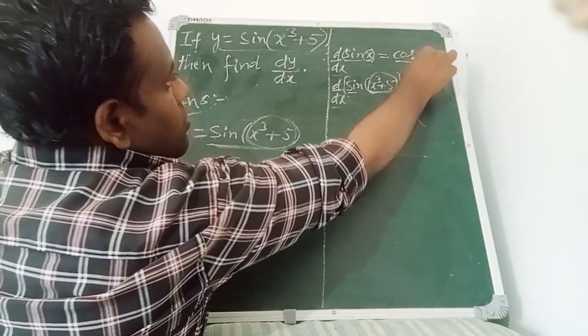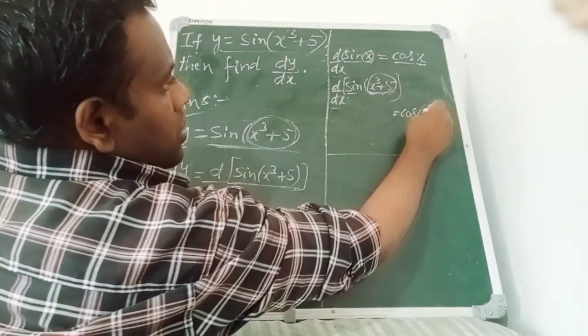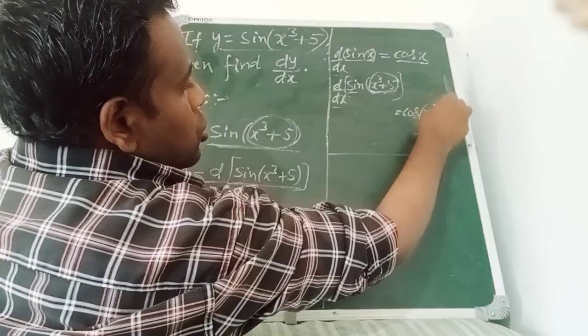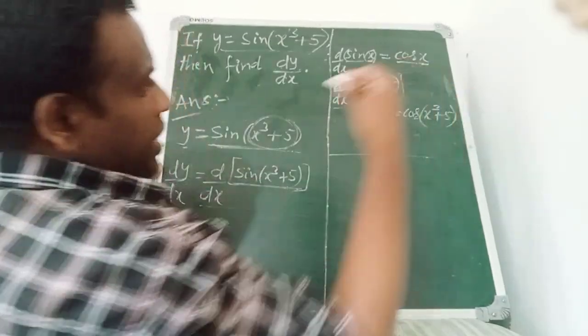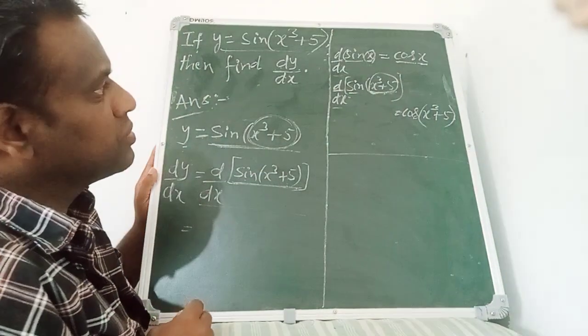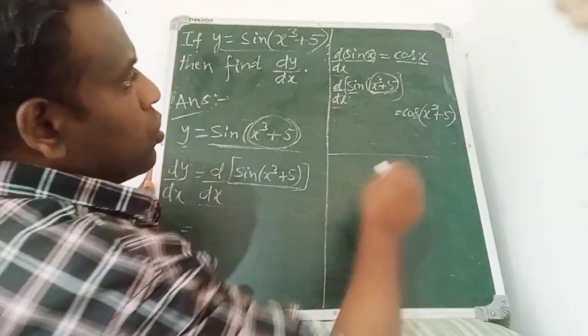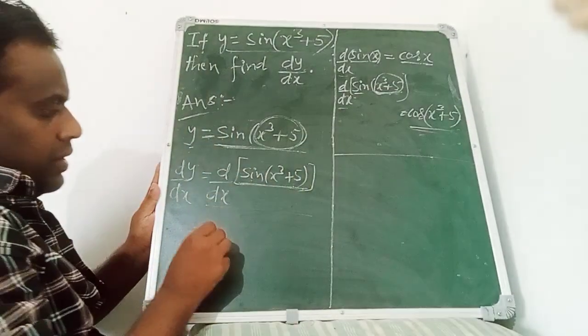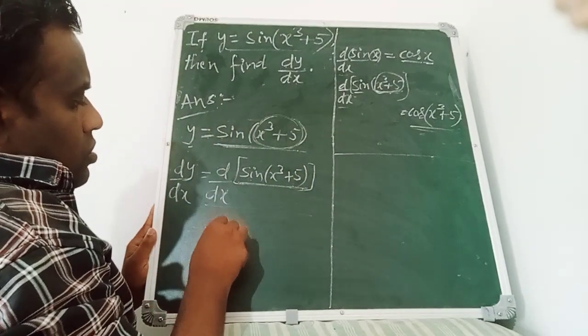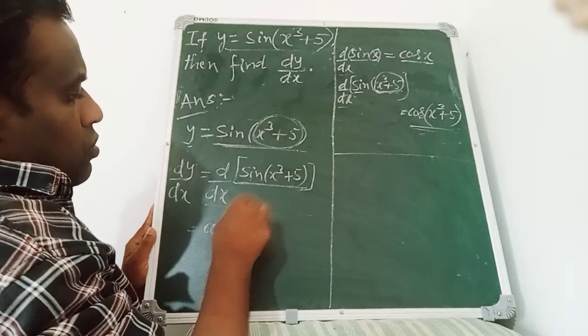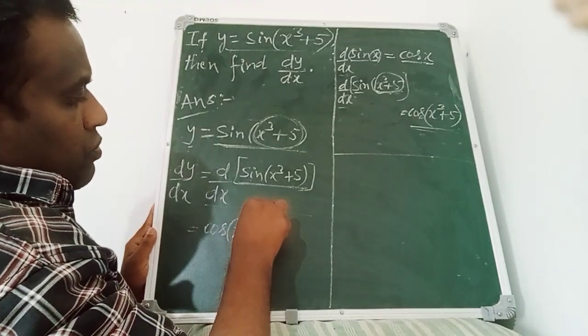The differentiation of sin x is cos x, so write this cos as it is, and in place of x write x cube plus 5. So we get cos of x cube plus 5.